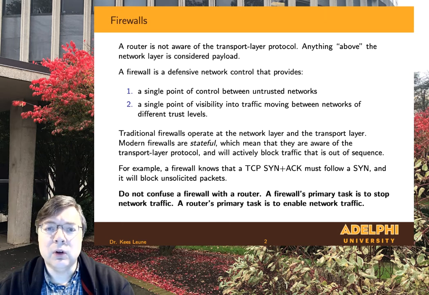But the second role of the firewall is also to create a second point of visibility, and that's visibility into network traffic coming into the organization, but also visibility into network traffic that would be leaving the organization. So these two roles of the firewall are important, and those are the foundations on which many current security models are being based: the single point of control and the single point of visibility.